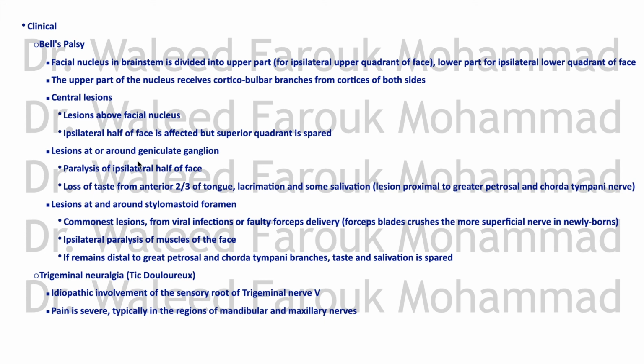So the patient will be left with paralysis of the lower quarter on the same side of the lesion. Okay? If around the geniculate ganglion, now this is a different story, because the lesion is before the facial nerve gives origin to the greater petrosal nerve, for example, that carries parasympathetic and taste to the glands above the oral fissure, or the chorda tympani, which carries parasympathetic to the submandibular and sublingual glands and taste from the anterior two thirds of the tongue.